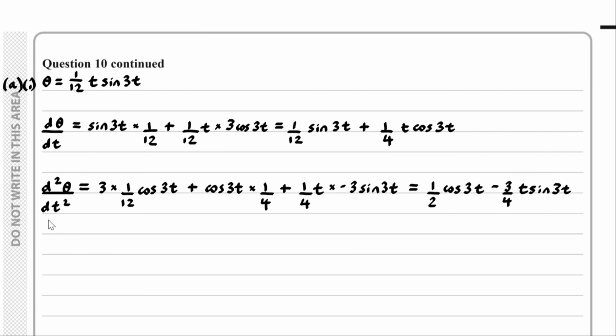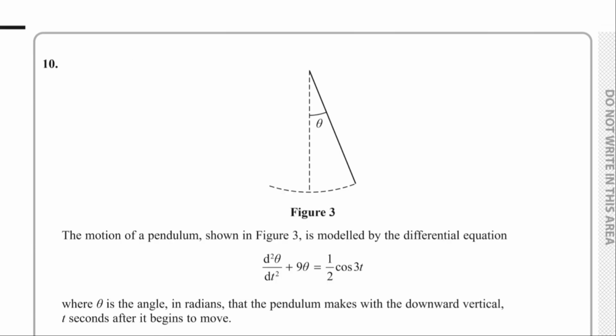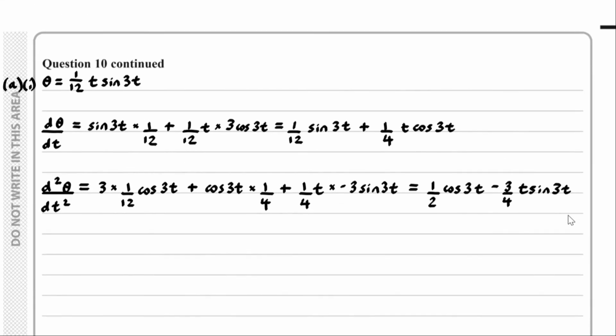And now I need to show that the value of theta, 1/12 t sine 3t, satisfies this differential equation. So if I substitute into the left hand side, I've got d squared theta over dt squared plus 9 theta.